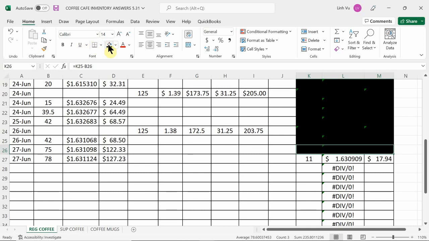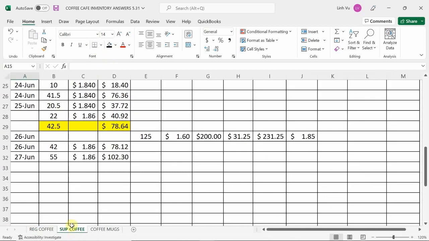And for the Supreme Coffee, now we have to use 2 different batches because we only have 6 pounds left of the first. So it's at 1.86 per pound.